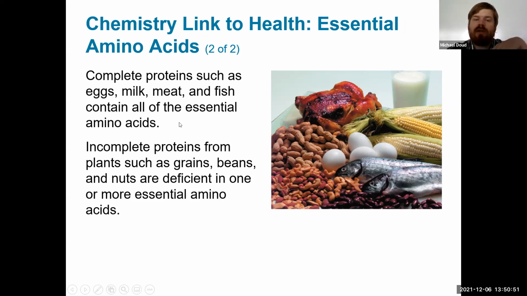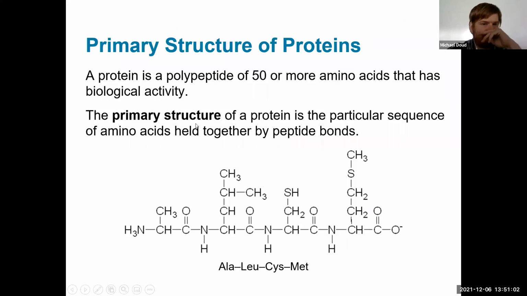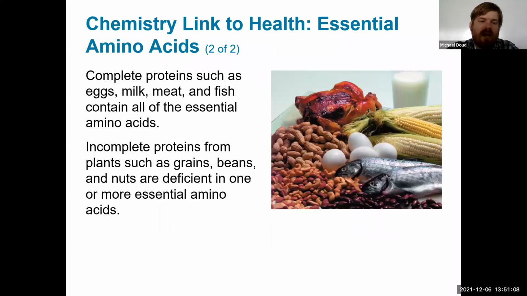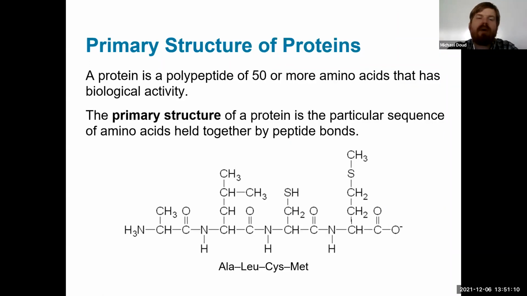Those individually are deficient in one or more essential amino acids, but usually when taken together, you get enough of each of them that you have a complete diet. Okay, now that kind of covers it there.